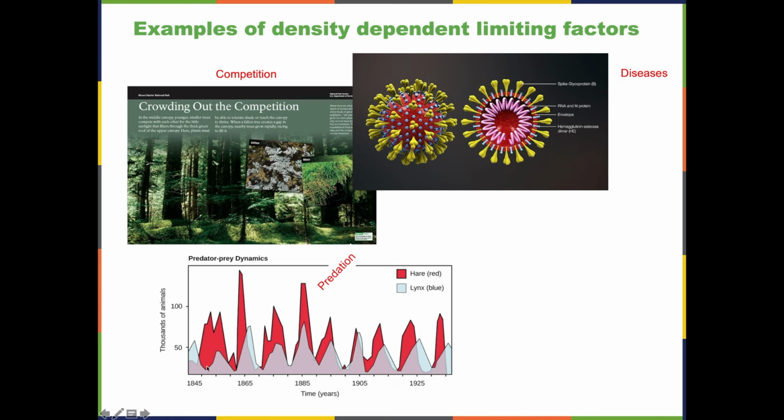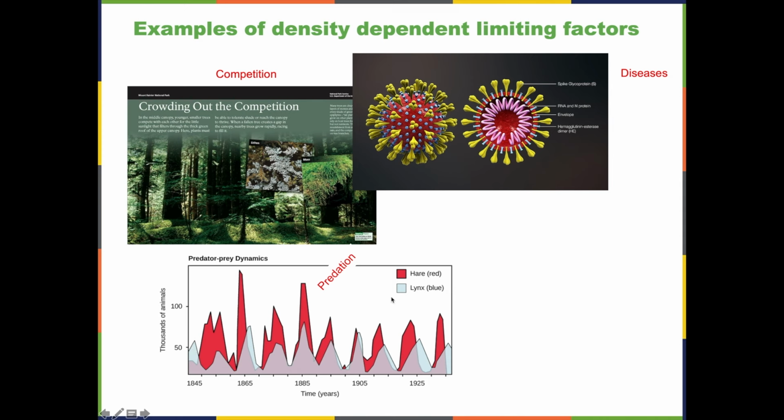Earlier, close to 1845, the lynx population is high, and it's eating the hare, but since they eat all their prey, there's not enough food left for everybody, so many of them die, basically it crashes.